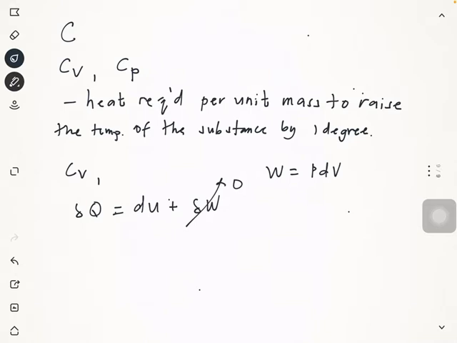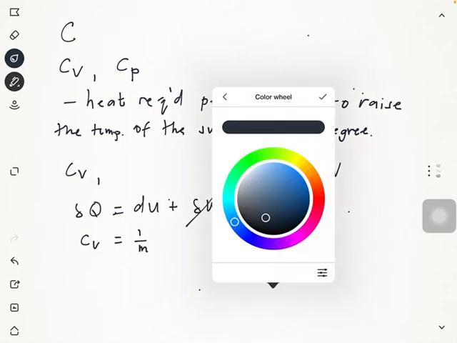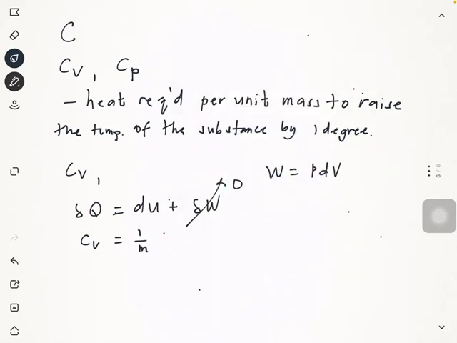And now our CV, we can write this as CV is equal to 1 over m, dU over dT, considering a constant volume process. So this is 1 over m.